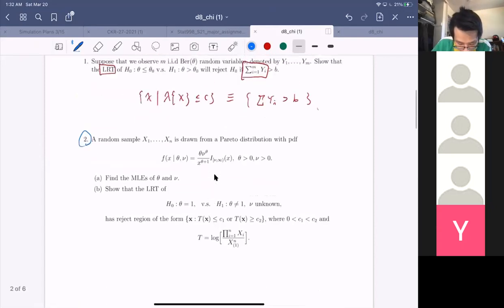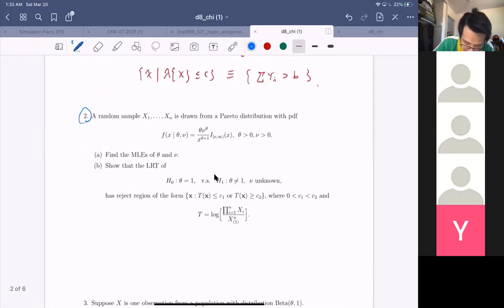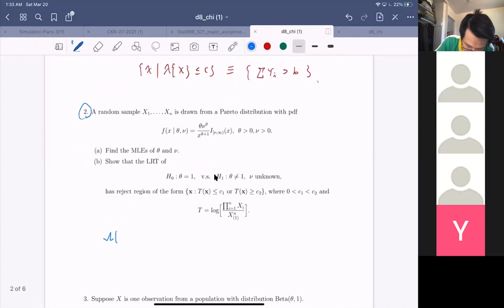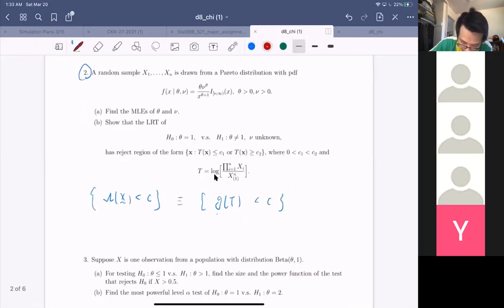You will have the same situation: you may figure out the likelihood ratio test. The rejection region will be this. It will be equivalent to some function of t smaller than c. And you have to analyze this function.